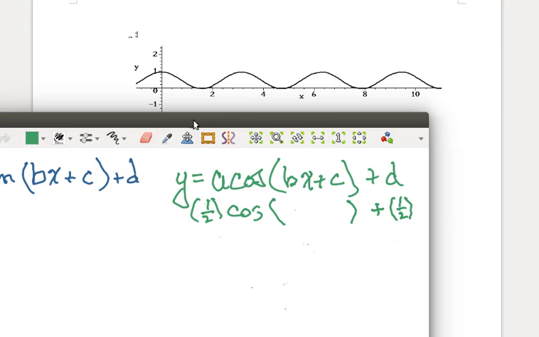Now here's what I'm recommending that you do there. You decide where you think it's going to start. We decided that this was going to be a cosine and that the start of the first cycle is going to be when x is 0.